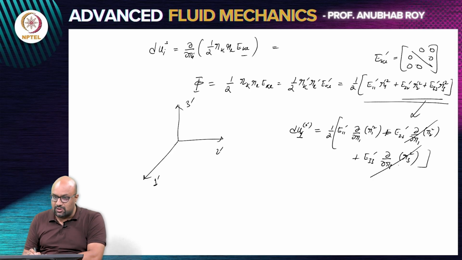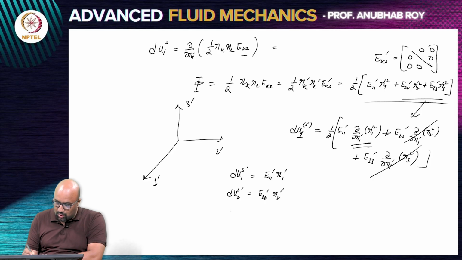I am taking the derivative with respect to r1 prime, and obviously the contribution from r2 and r3 would be 0, which means the symmetric part is going to be E11 prime, and doing this derivative, I get r1 prime. Similarly, you are going to get du2 symmetric as E22 prime r2 prime, and du3 symmetric as E33 prime r3 prime.